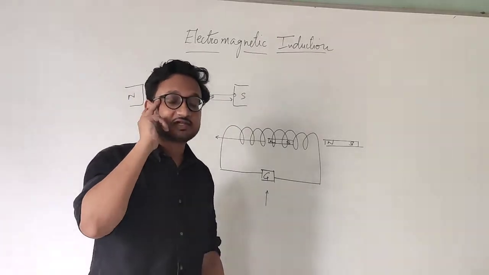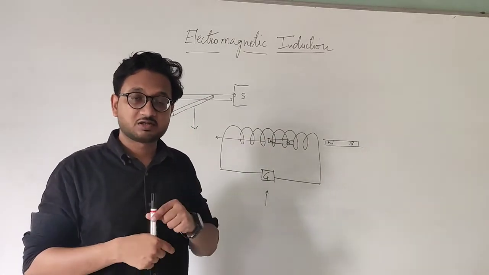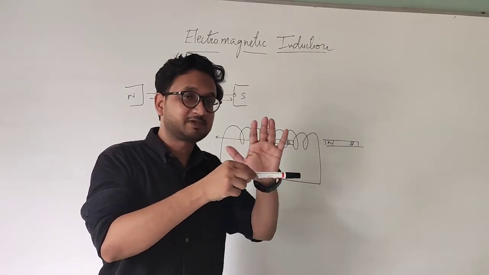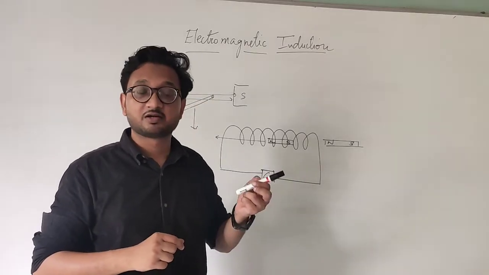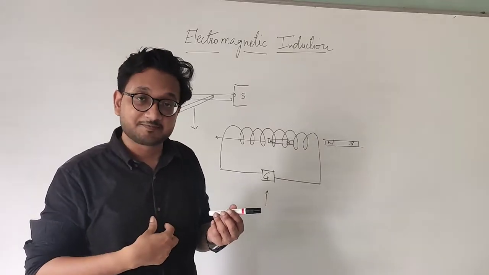I repeat once again, this is really important, so pay attention. The previous topic was, if current is passed through a conductor which is kept in a magnetic field, then motion is generated in the conductor. It will either move upwards or downwards depending on the direction of the current.